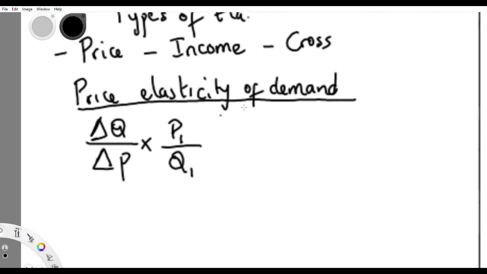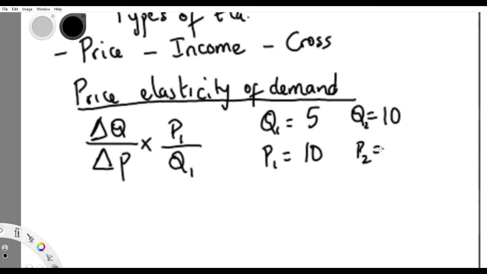So if a question goes like, probably the quantity demanded for a particular good, maybe Q1 is 5, then Q2 is 10. But equivalent to its price, maybe at Q1 it was bought at the price of, let's say, 10, and now that it's at Q2, probably the price would have reduced.